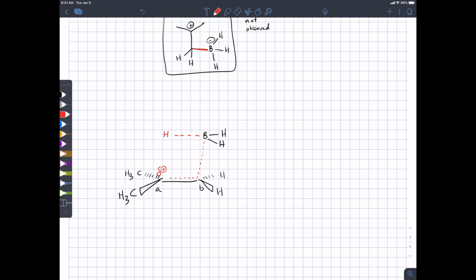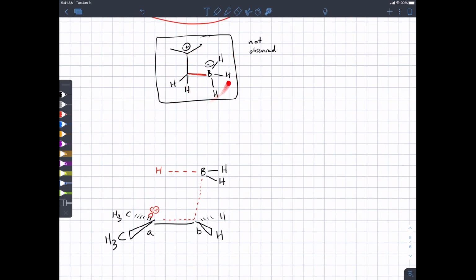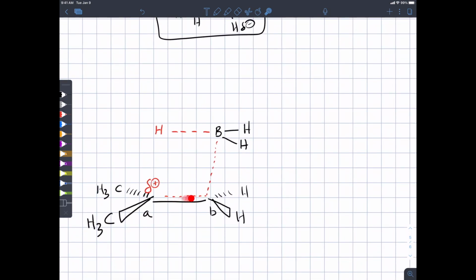One thing to know about boron and hydrogen is that boron is less electronegative than hydrogen. So in the intermediate that we proposed earlier that's not observed, we would have said that the negative charge on the boron would actually be out mostly on the hydrogen. So it's not too much of a stretch to believe that as we form a new carbon-boron bond, some of the electron density from the boron-hydrogen bond ends up mostly out on the hydrogen.